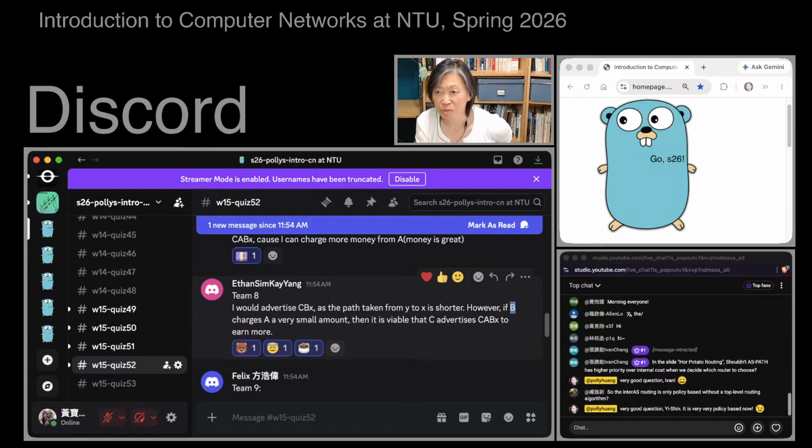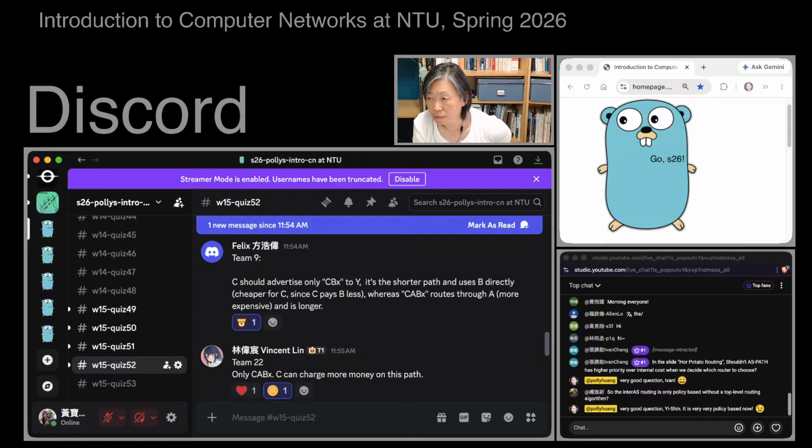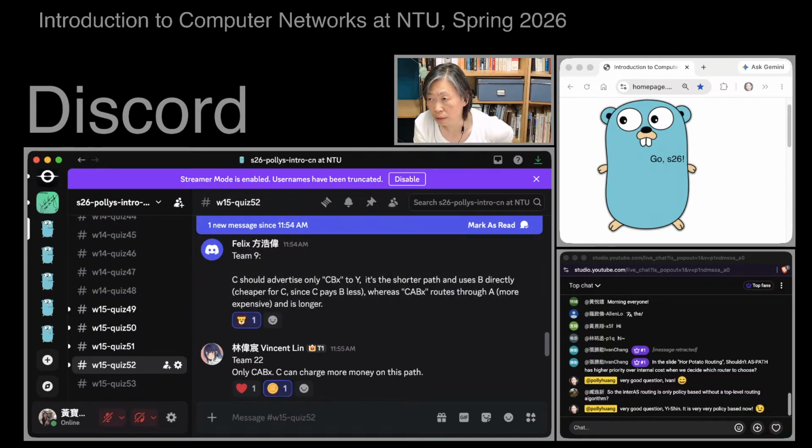So if Polly's interpretation is right, Ethan, correct me if I'm wrong. What I'm trying to explain is that if C charges A more, but by only a little more, it might still be okay to send CABX, because cost-wise it is not significantly more. I think this is thinking from A's perspective. So Ethan, let me know if I misinterpret your solution.